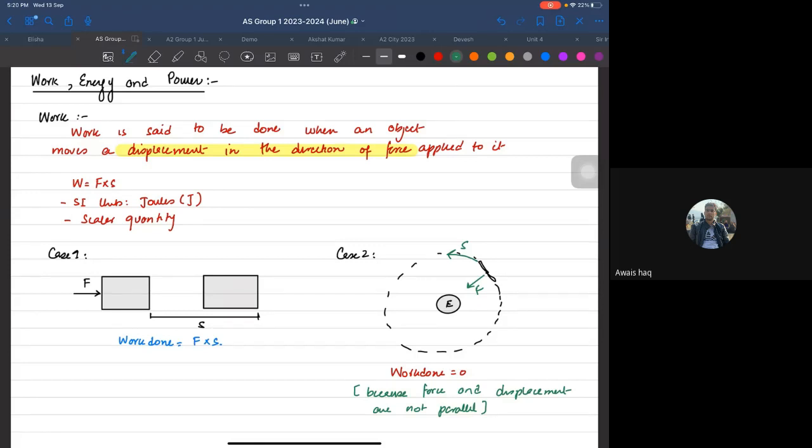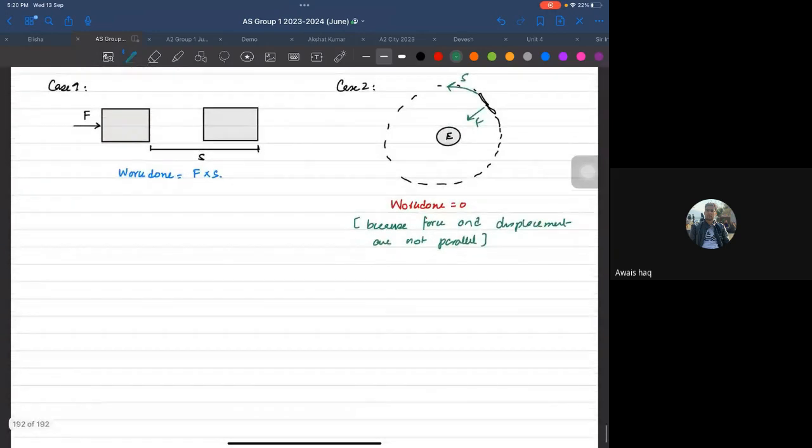Now, the next thing, case 3, that we're going to see is when, suppose this is a slope, and there is an object like this.